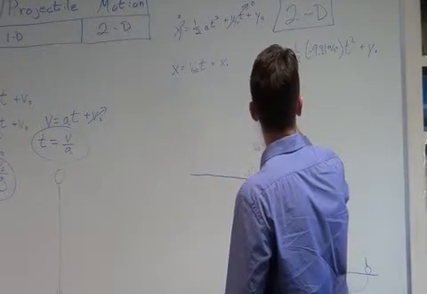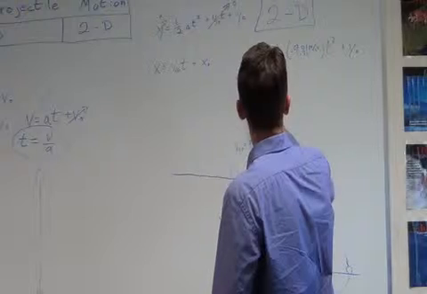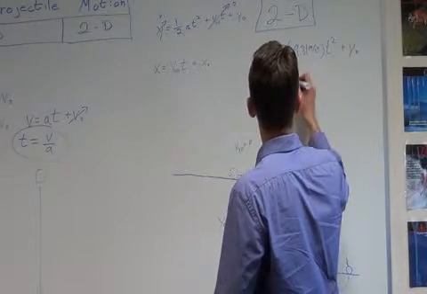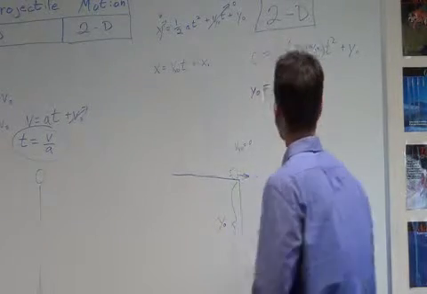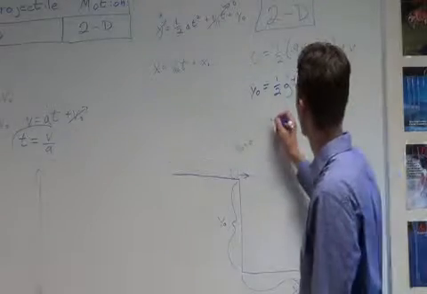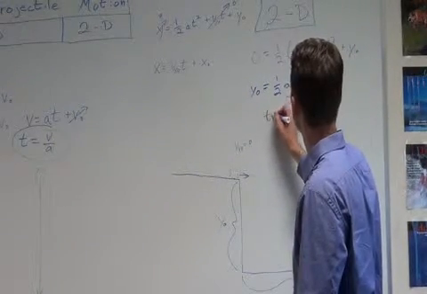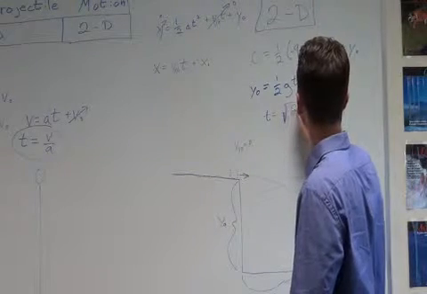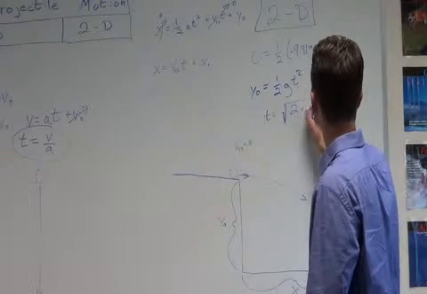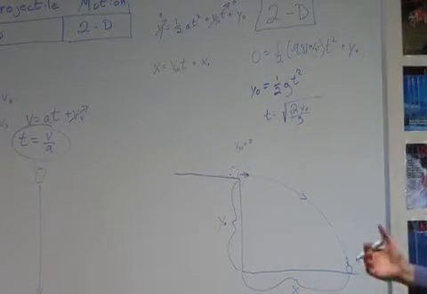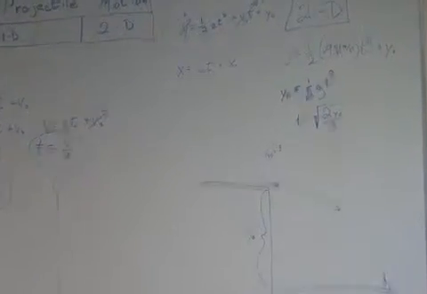So y naught equals 1/2 g t squared. We can say that t is the square root of 2 y naught over g. That's the time that it is in flight.